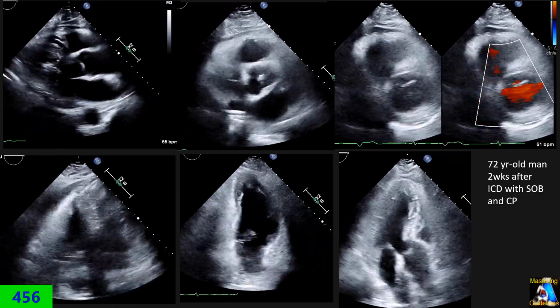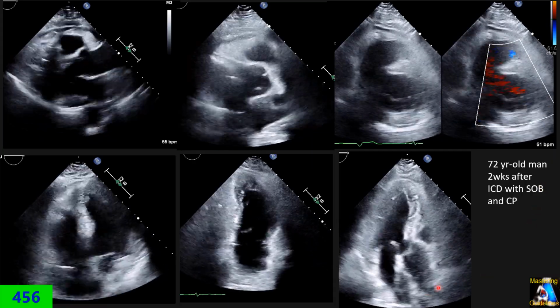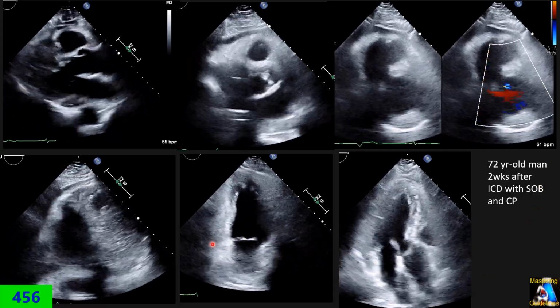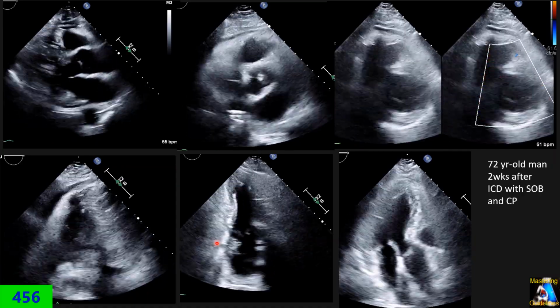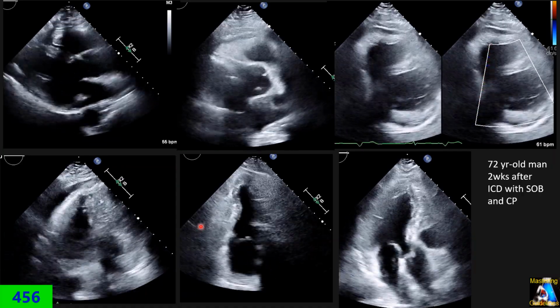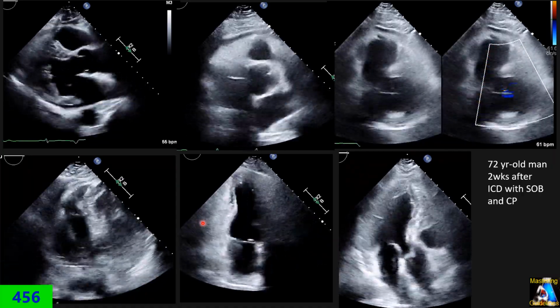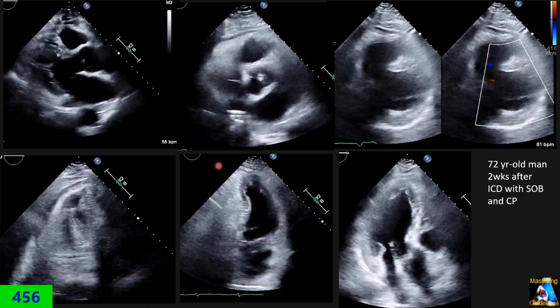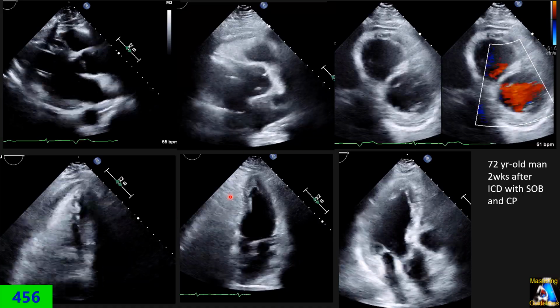First, we have a 72-year-old patient who had an ICD placed 2 weeks ago and came with shortness of breath and a little chest pain, and the doctor requested an echo.